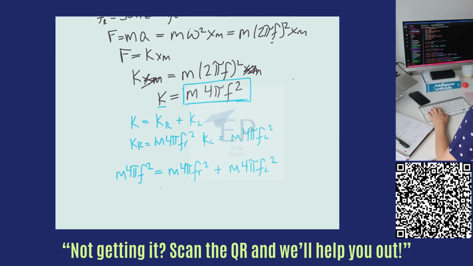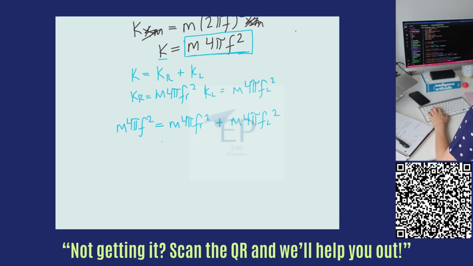Now it looks really complicated, but we can simplify that out for sure, because every single term has the mass, which we don't know, but we can divide that out. We can divide out the 4 pi, which leaves us with the final equation of f squared equals the frequency of the right spring squared plus the frequency of the left spring squared. And then we can solve for our f by taking the square root of fr squared plus fl squared.